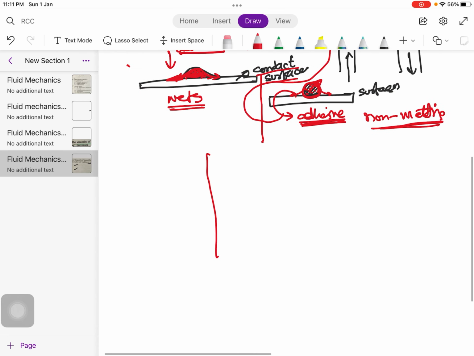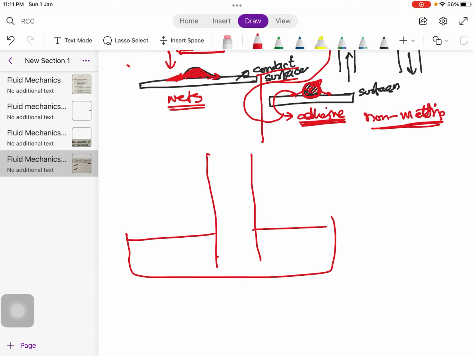Suppose we have a capillary tube. If the liquid in contact experiences attraction with the walls of the capillary tube, it gets attracted to the tube, and in the process, the liquid rises up.